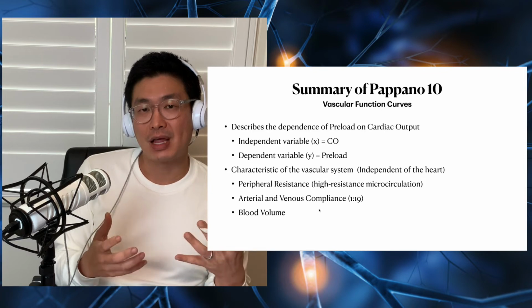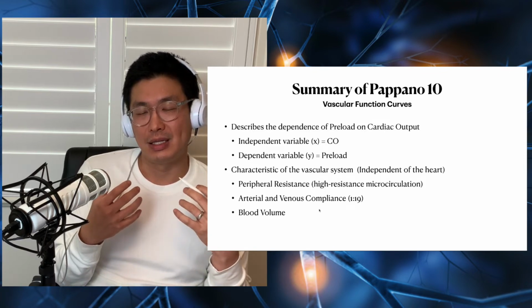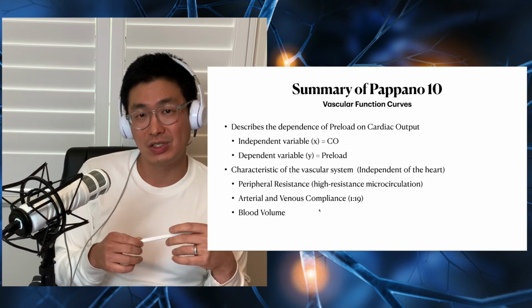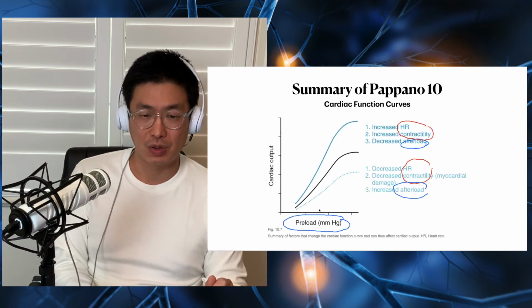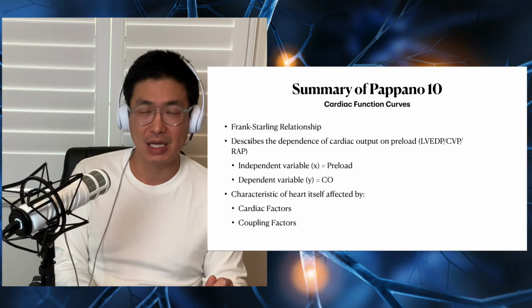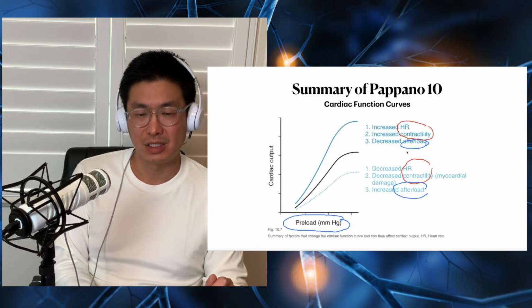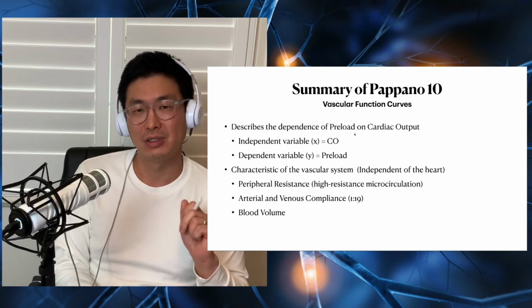The reason for that is that Pappano says that vascular function curves describe the dependence of preload on cardiac output. Remember before, when we talked about cardiac function curves, it was describing the dependence of cardiac output on preload. This is the opposite. It's now describing the dependence of preload on cardiac output.